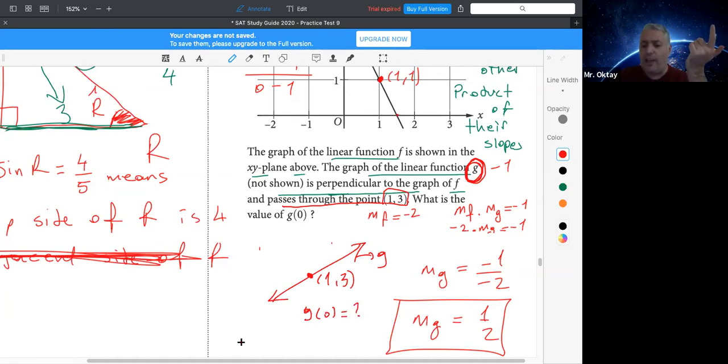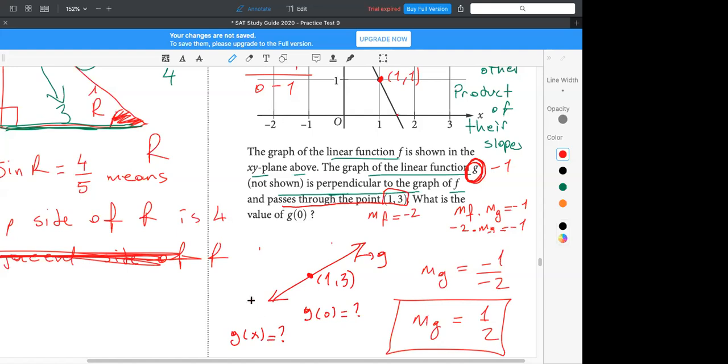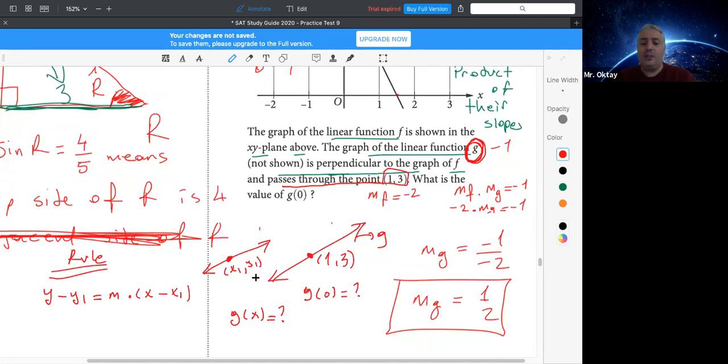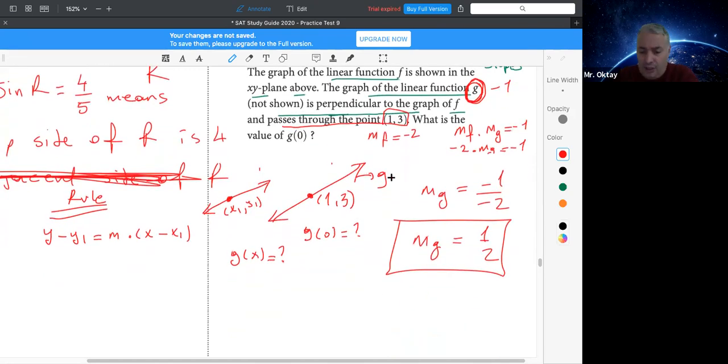To solve this question, I should find what is g at x. Am I right? Yes, sir. So the rule is y minus y1 equals slope times x minus x1, where there is any line and any point on this line. In my question on g, there is the point 1 comma 3.